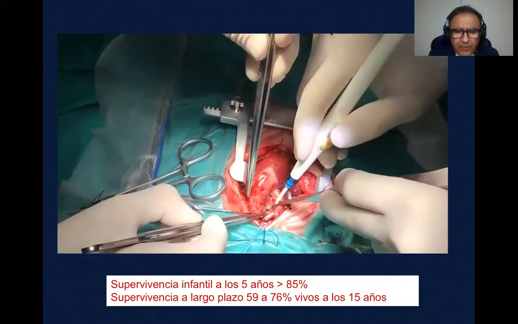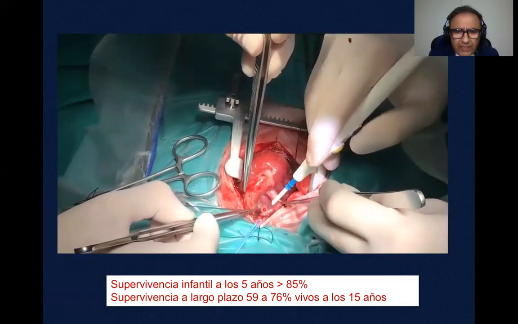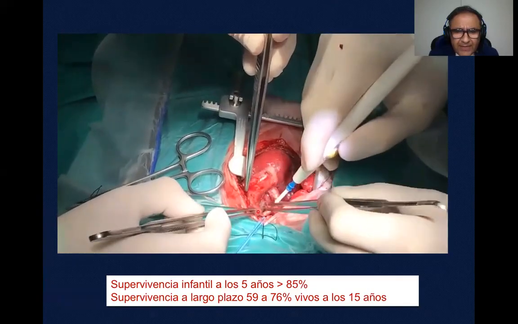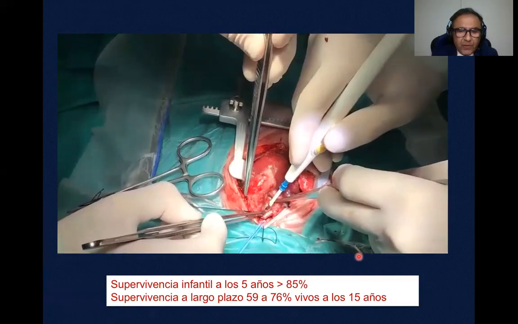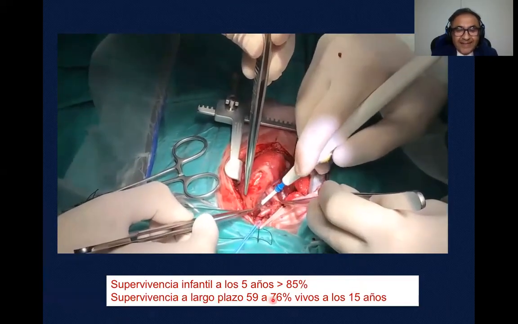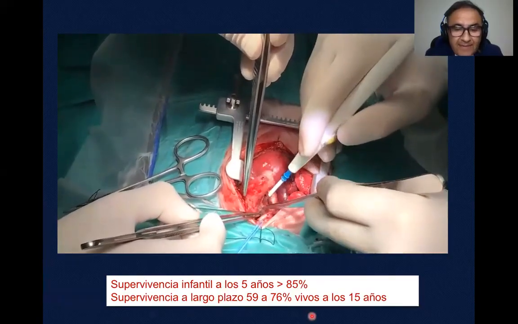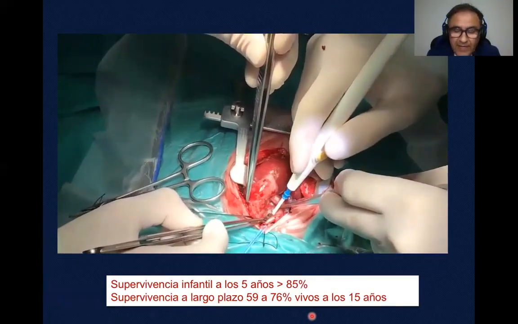You can see the brachiocephalic trunk, and the interruption is between the left carotid artery and the left subclavian artery. The 5-year childhood survival rate for these children is slightly above 85%, and the long-term survival rate is approximately 76%, with some children still alive at 15 years.